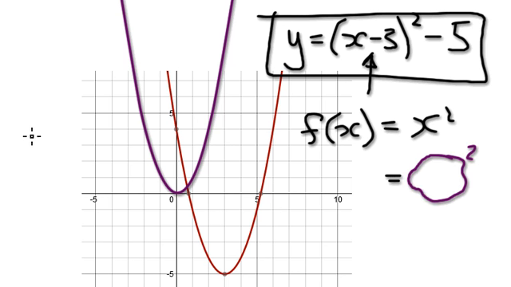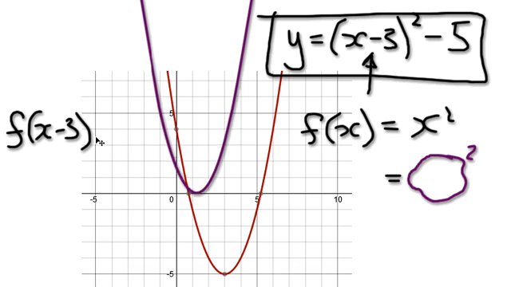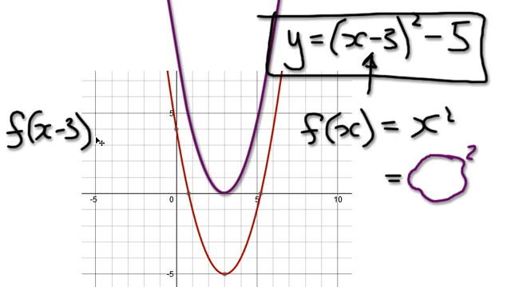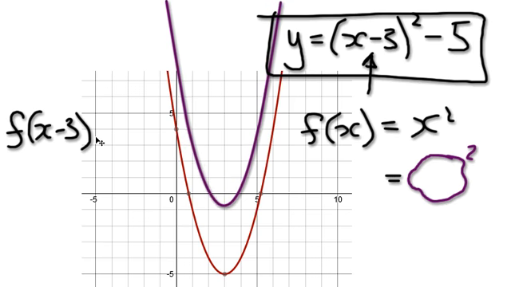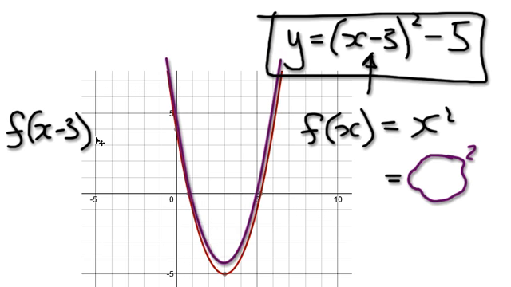Now remember, if you have f of x minus 3, you shift everything across. So for example, looking at this reference point here, when you have f of x minus 3, you are in effect moving this across by 3, and then later on we can move it down by 5, and that will take us to our answer.